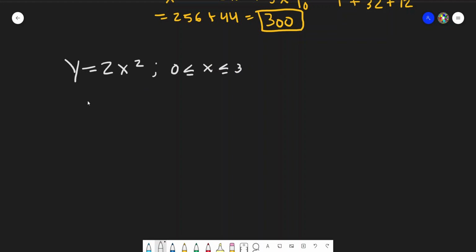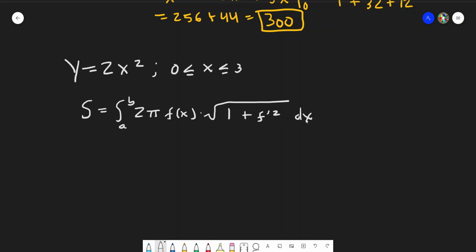Surface area is found by taking the integral from a to b of 2 pi f of x multiplied by the square root of 1 plus f prime squared dx. So in that case, the derivative is equal to 4x, and the derivative squared is 16x squared.